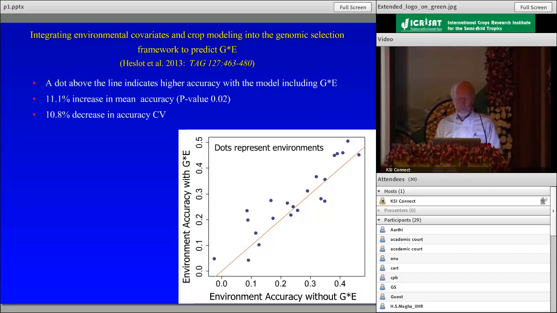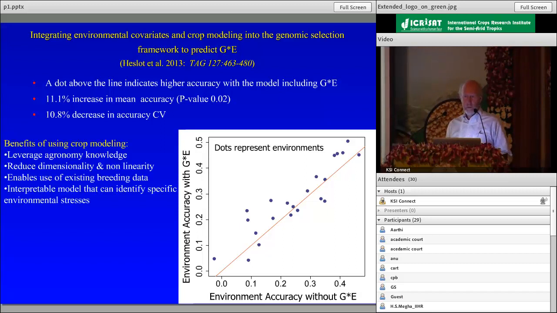So using this approach, you can leverage your knowledge about agronomy, identify those stages of development in the crop where there's repeated stress, and try to develop germplasm and varieties that address those stress covariates. And it allows you to use existing data that you already have in your breeding program.